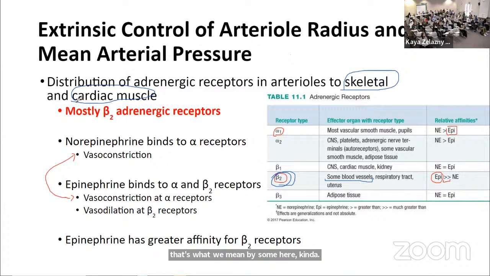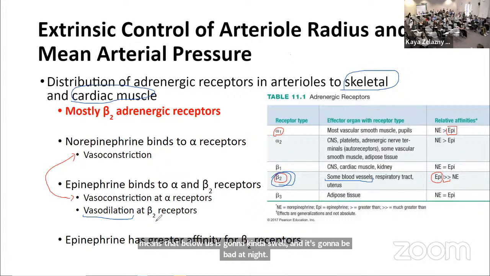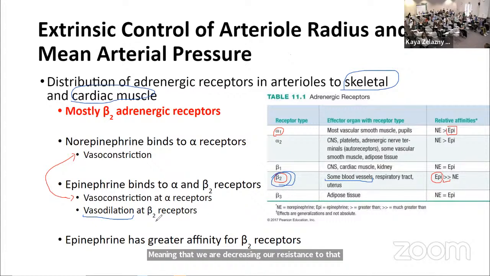We've got beta-2 receptors there, and the effect of that beta-2 receptor is dilation, right? So if a beta-2 receptor gets activated, it means that blood vessel is going to swell, right? It's going to dilate, meaning that we are decreasing the resistance in that blood vessel, which means we're going to increase flow there, right?